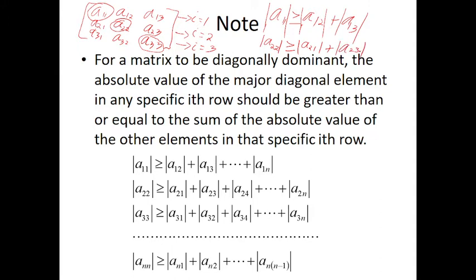So A22 is greater than or equal to A21 plus A23, if there are others. In my example we are only 3 by 3, so that is the limit.